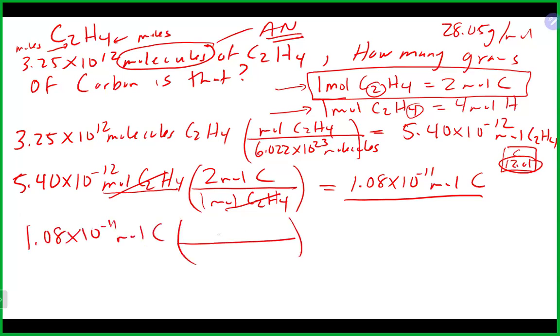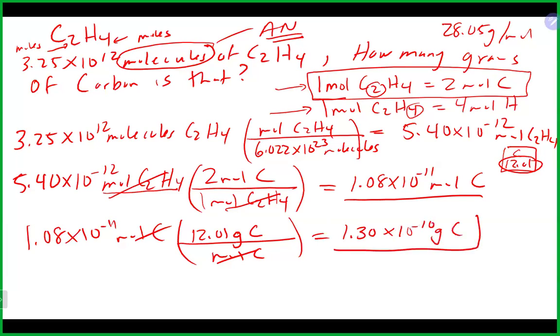I could use the molar mass from the periodic table, 12.01 grams of carbon per mole. And that will get me here that there are about 1.30 times 10 to the minus 10 grams of carbon in that particular compound.